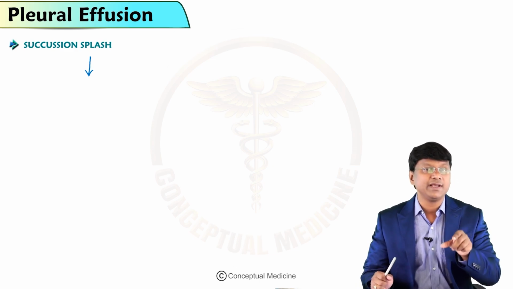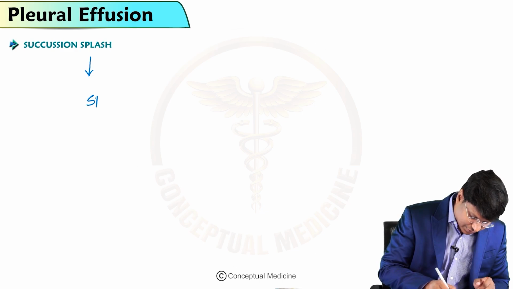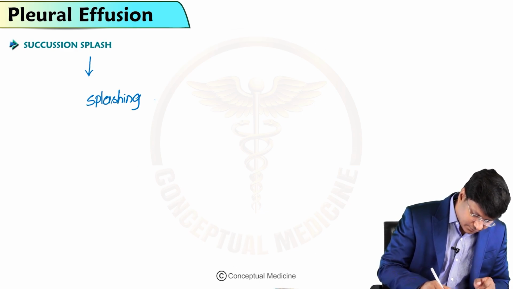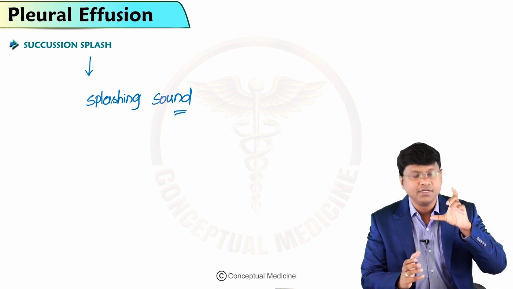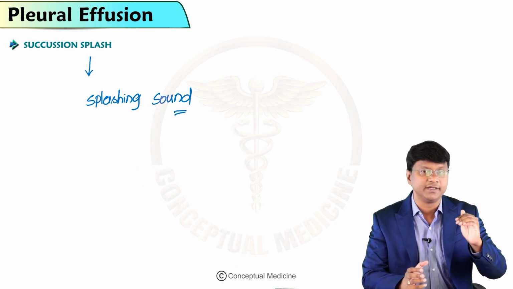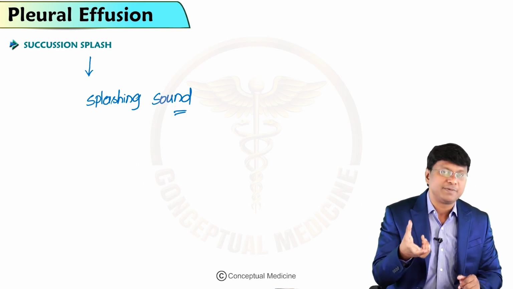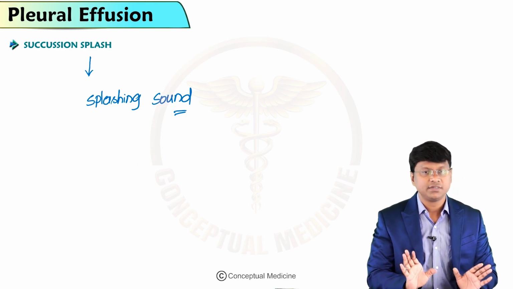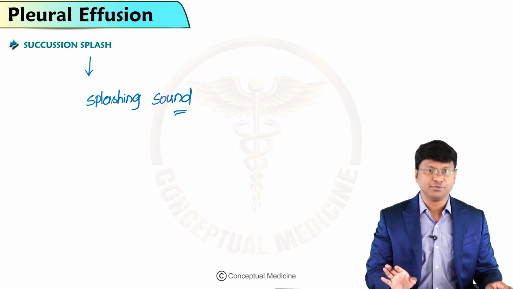When you immediately auscultate over the chest, you will listen to a splashing sound. Okay, that is what is called succussion splash. It is similar to, for example, taking a half-filled bottle of water and shaking it. You will hear that splashing sound. The similar thing is your succussion splash, which you will see in patients with hydropneumothorax.